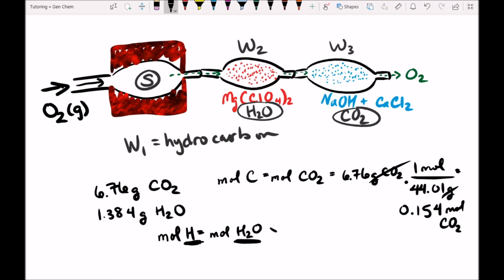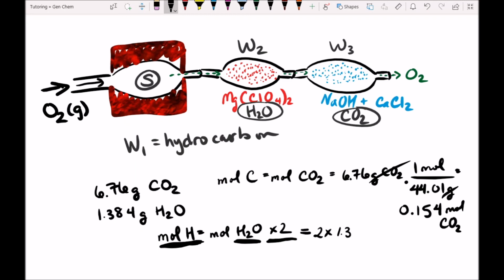In other words, we need to multiply the number of moles of water by 2 in order to accurately calculate the number of moles of hydrogen in the hydrocarbon, because each water molecule contains 2 hydrogen atoms. So we do the same conversion, but we multiply the entire thing by 2 in order to account for that.